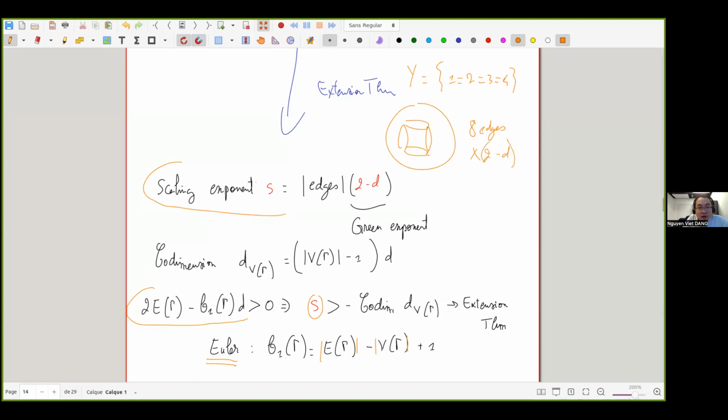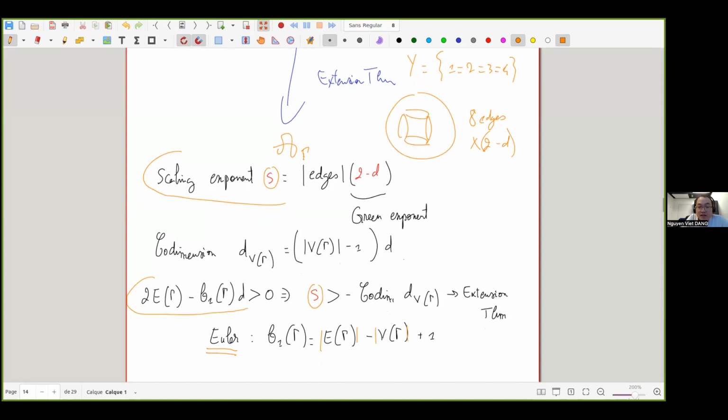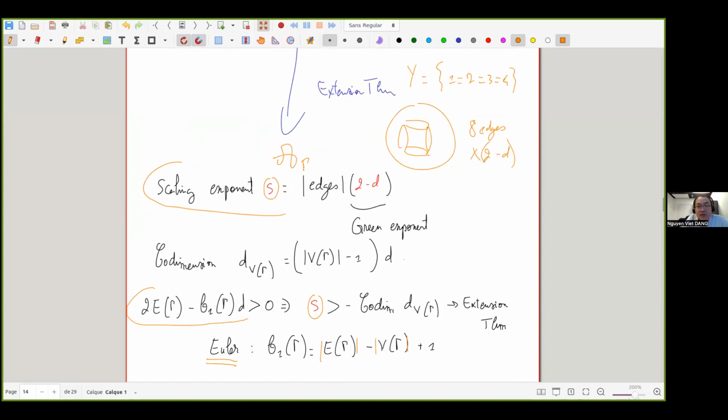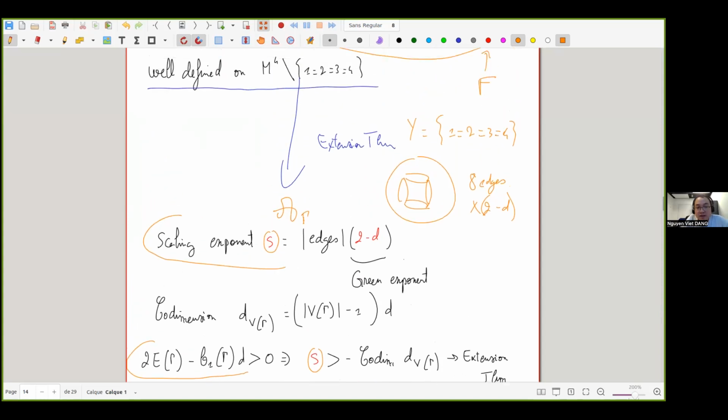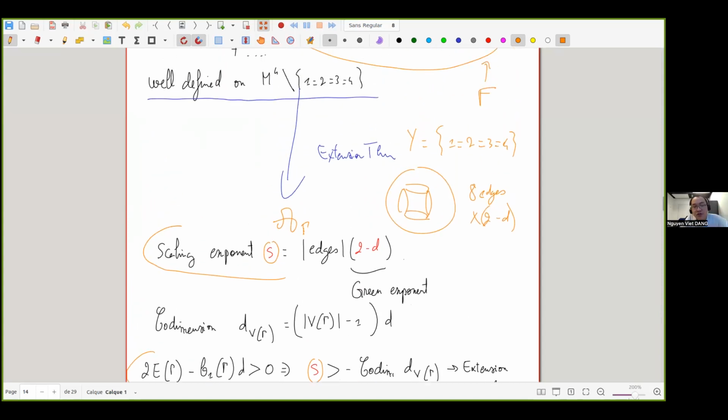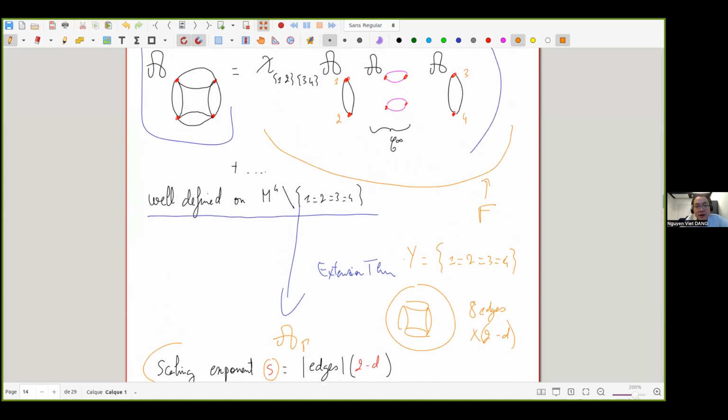This gives you a number, and this number is the scaling exponent of the amplitude A_gamma of your graph. And this tells you that the scaling exponent of your graph A_gamma is greater than minus the codimension of the deepest diagonal. And then you can apply the extension theorem, and it tells you that your amplitude is indeed integrable. Okay, so this finishes the sketch of proof of this power counting theorem.